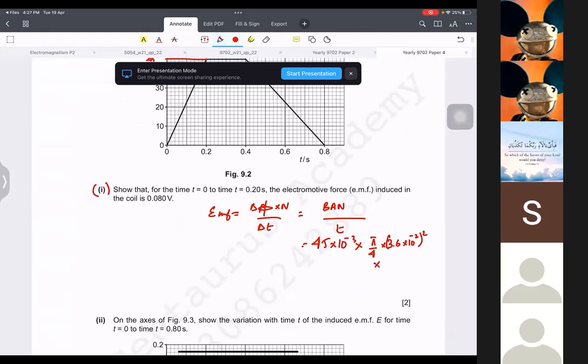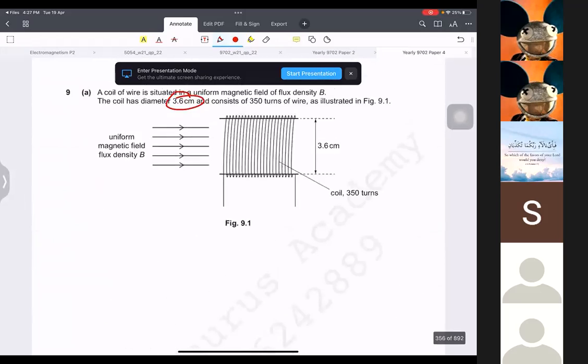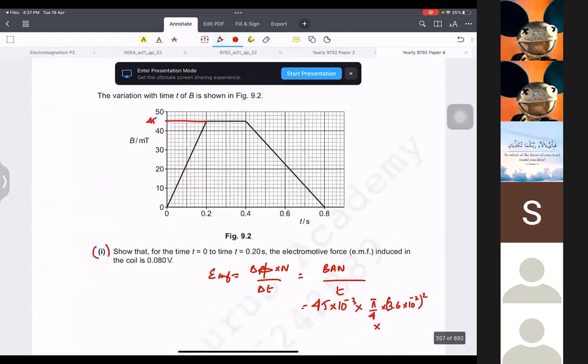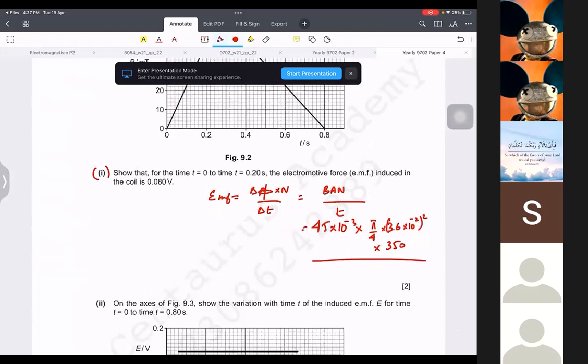And then number of turns were 350. 350 divided by the time was 0.2. That should be the change. Yes, this change should come. Okay, what is the answer then? 0.08. Okay.